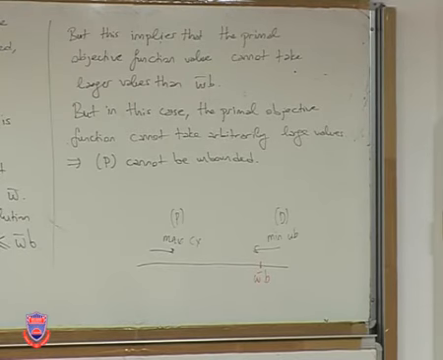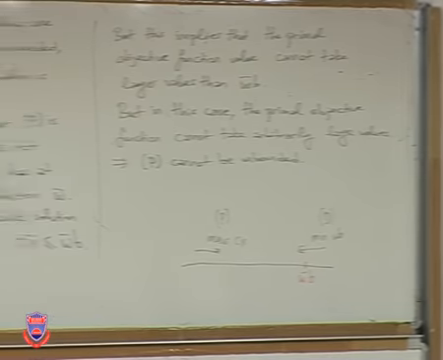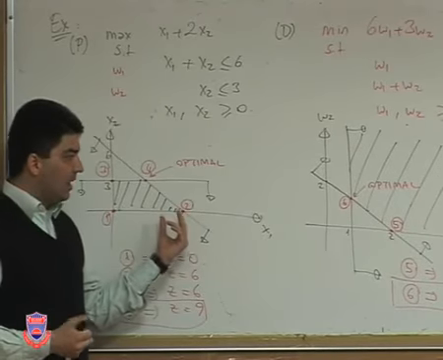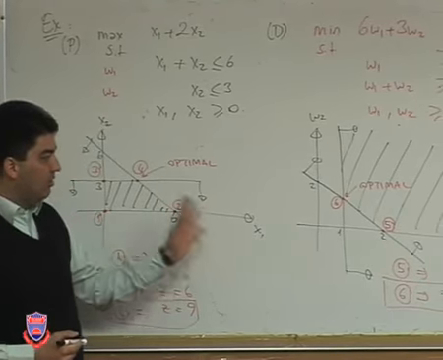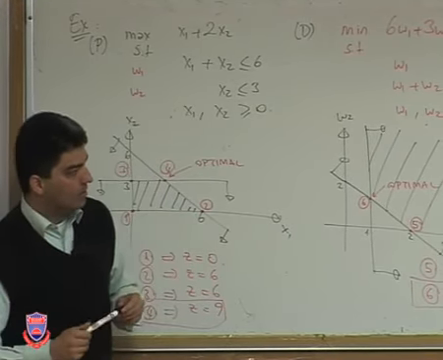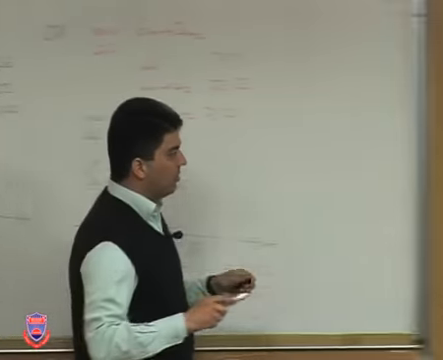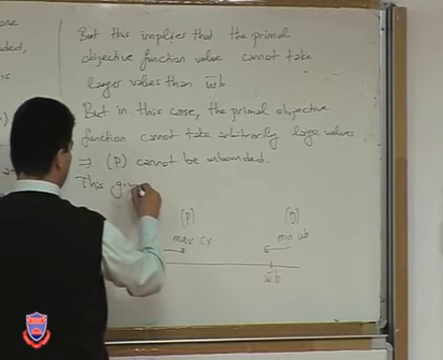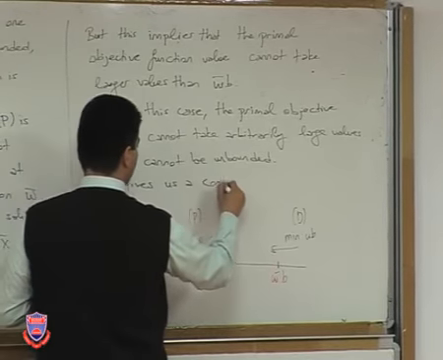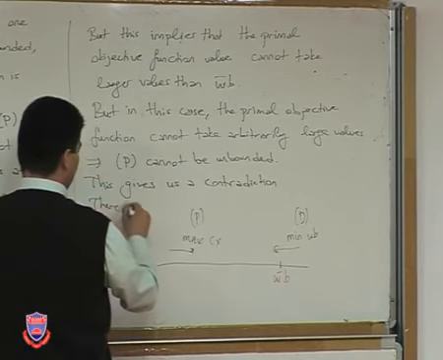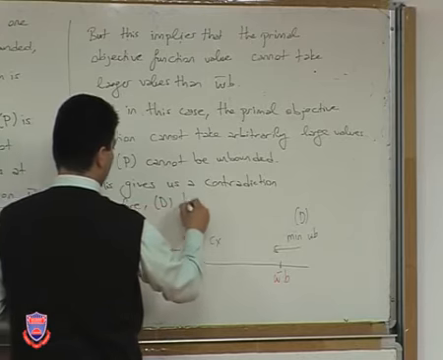So the main idea is the following. As soon as you find a feasible solution for the dual problem, you're automatically finding an upper bound on the primal optimal value. And as soon as there's an upper bound on the optimal value, the primal problem cannot be unbounded, basically. Okay? So we're just putting 2 and 2 together in some sense. So this gives us a contradiction. Therefore, the dual problem is infeasible. The dual problem has to be infeasible.